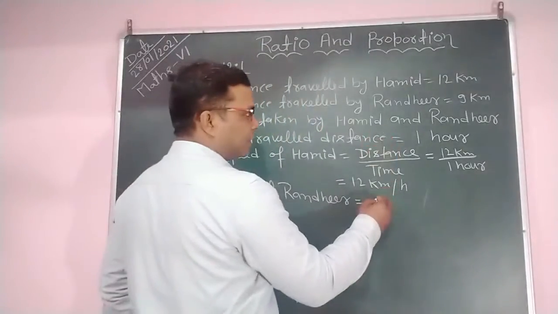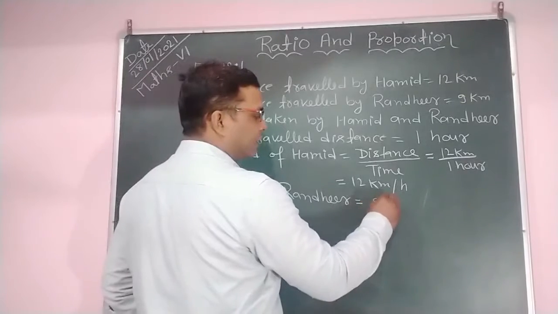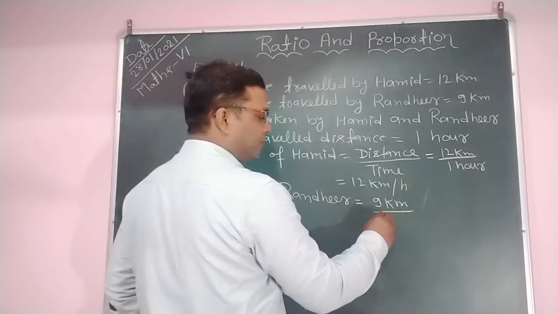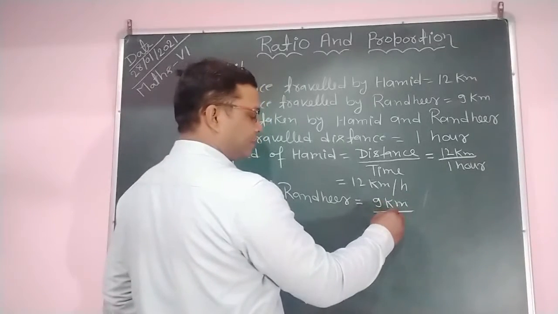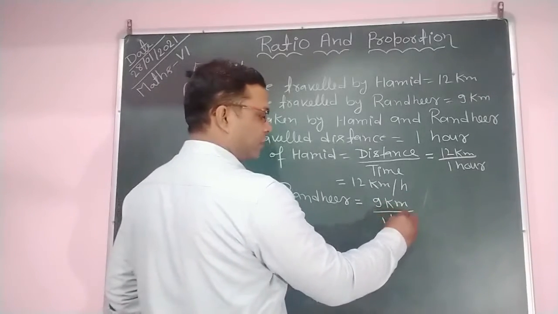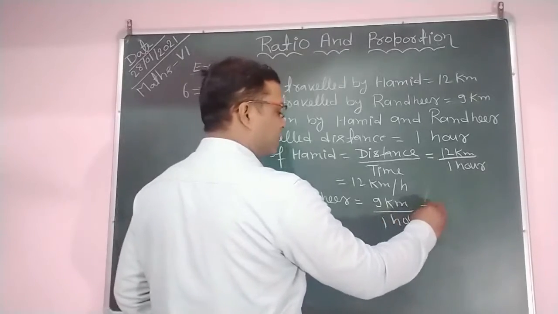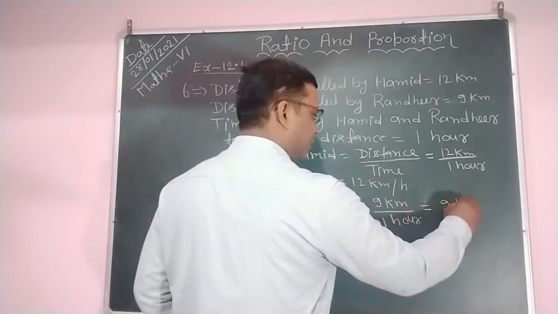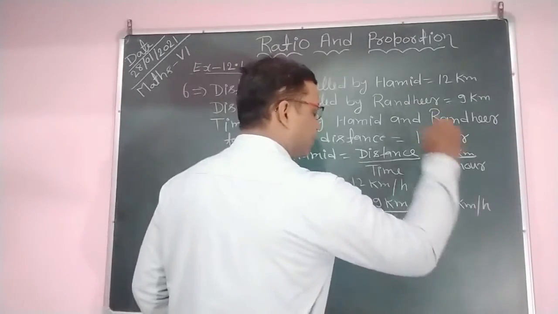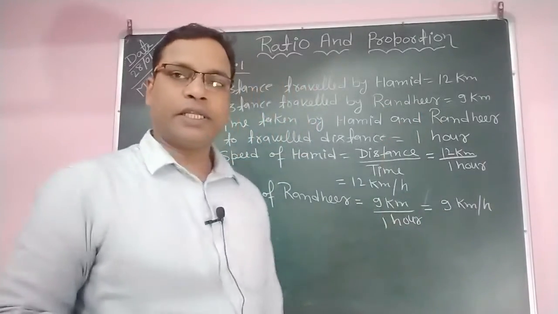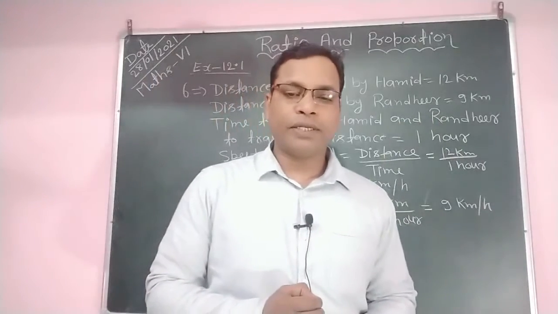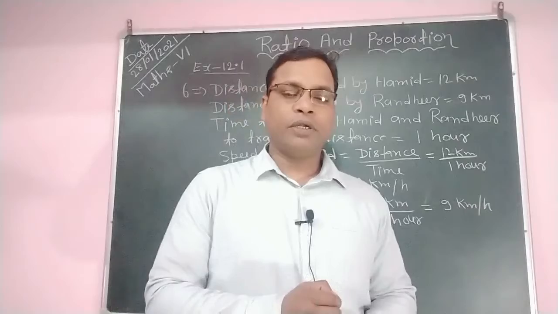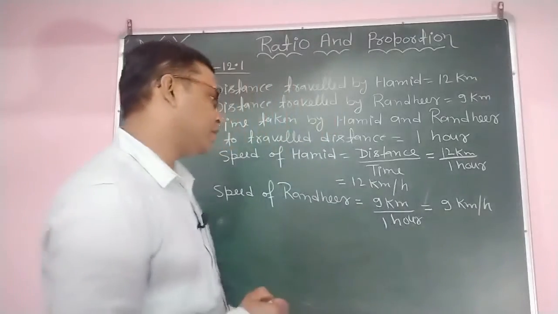Distance is 9 kilometers, and the time taken to complete this distance is 1 hour. So you can write the speed of Randhir is 9 kilometers per hour. This is clear.